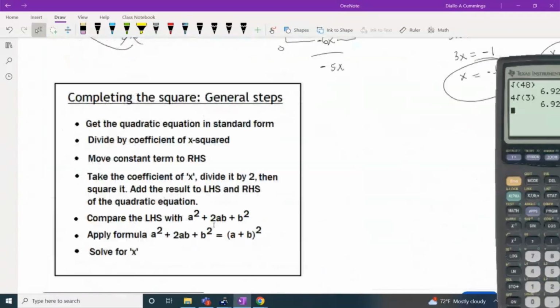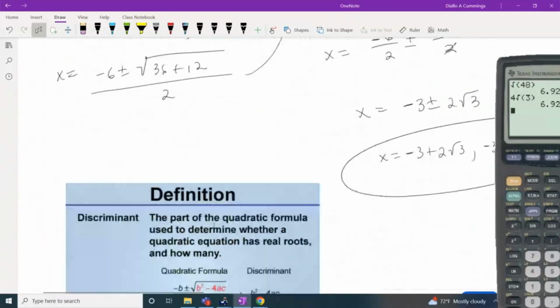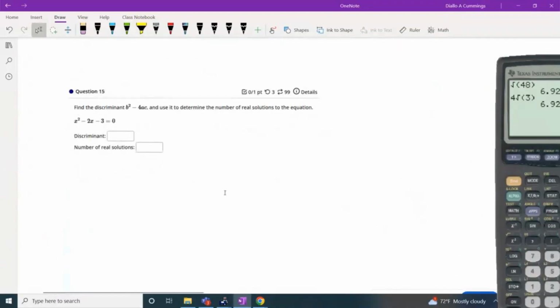All right, so the last problem gives us a quadratic, x squared minus 2x minus 3, and it wants us to find the value of the discriminant and the number of solutions. So I'm going to put in a equals 1, b equals -2, c equals -3.